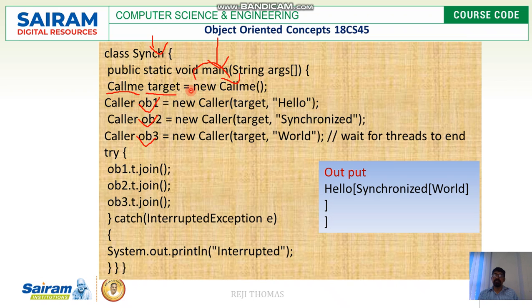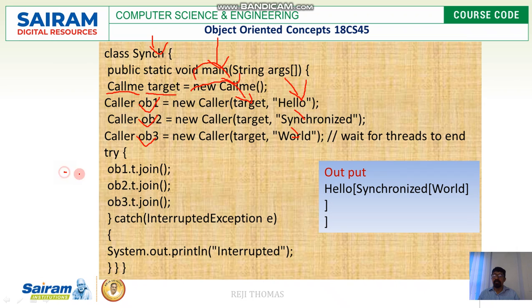We pass the other class object as a parameter, and one more string as a parameter, which is Hello, Synchronized, and World. So we have created three objects.